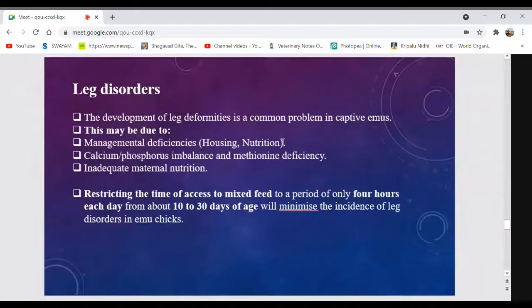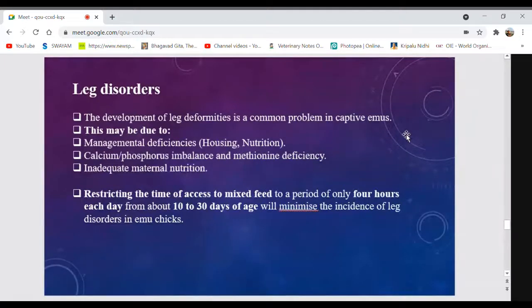As I told you, generally emus are reared under a semi-intensive system of management. That means only shelter is provided, for night shelter or during the wet season. Otherwise, they are kept in open space, providing feeder as well as water.